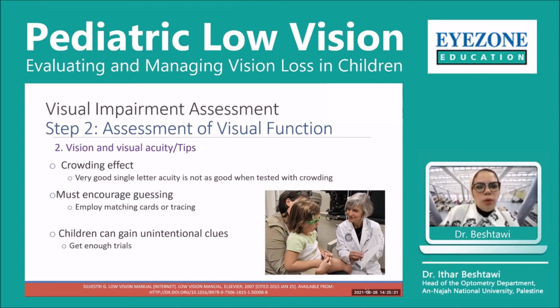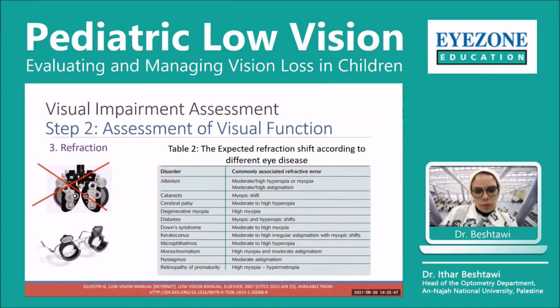And just as you would with other kids, you need to keep in mind that the child can gain unintentional clues. So go through enough trials to estimate the visual acuity.